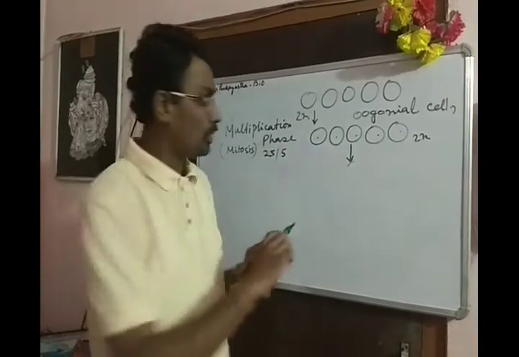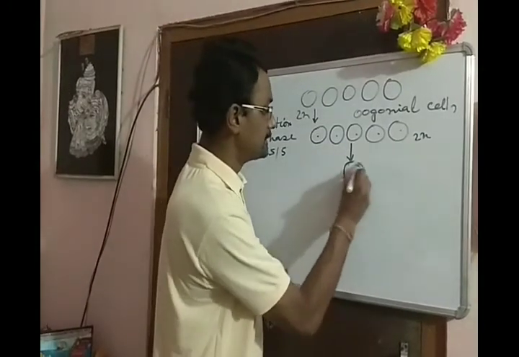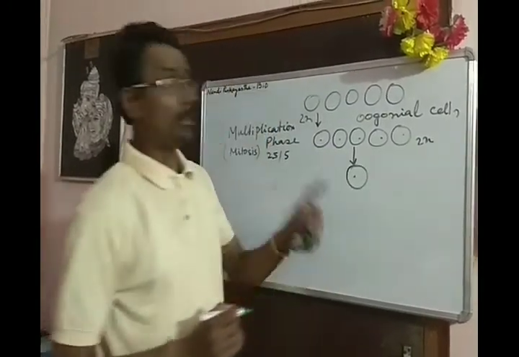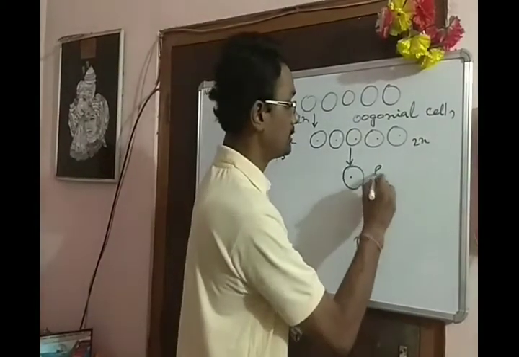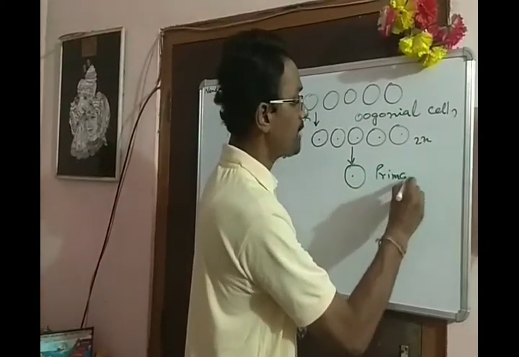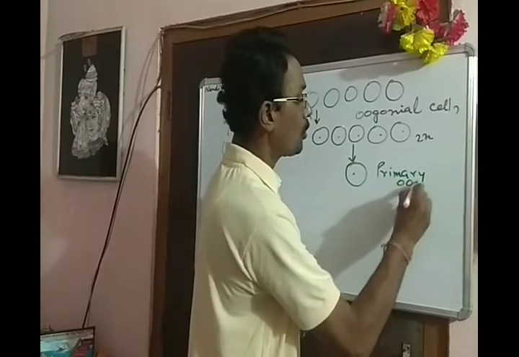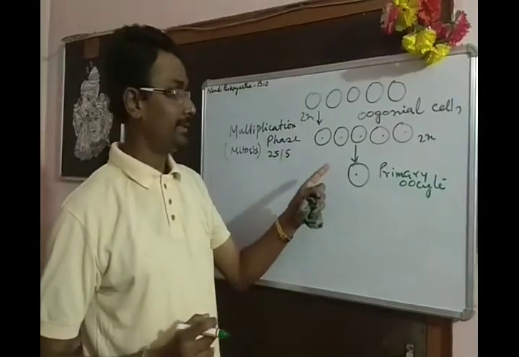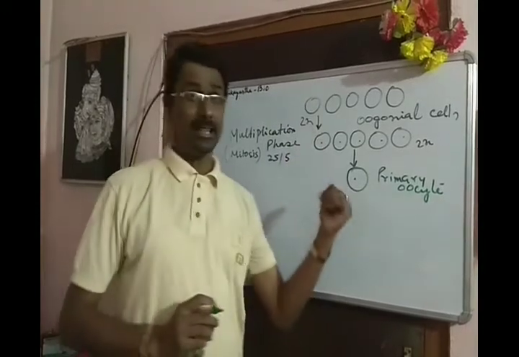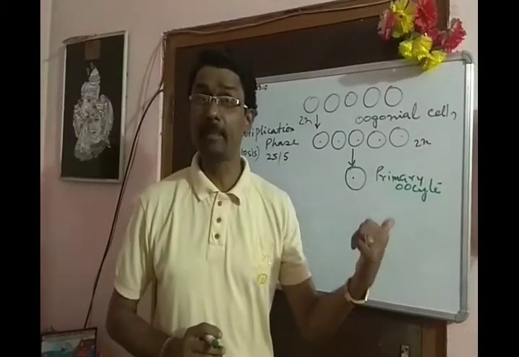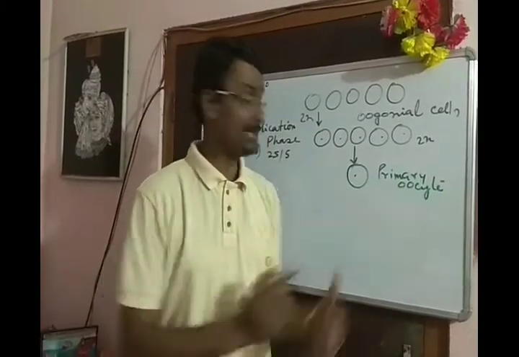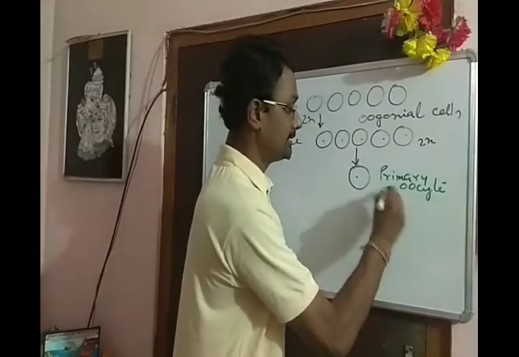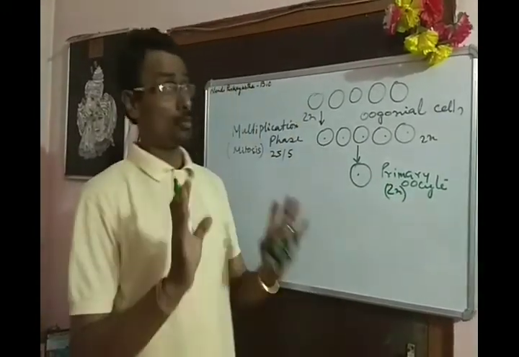That one is called the primary oocyte. That means one of the oogonial cells has become the primary oocyte. It is also 2n.